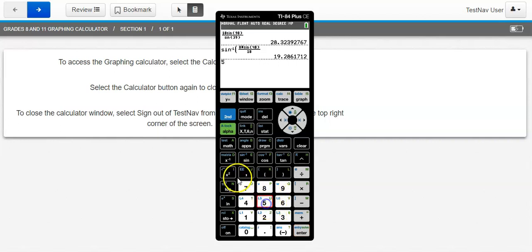So 5 squared plus 10 squared minus 2 times 5 times 10 times cosine of 105. Okay, you can get that in your calculator. So approximately 150.88.